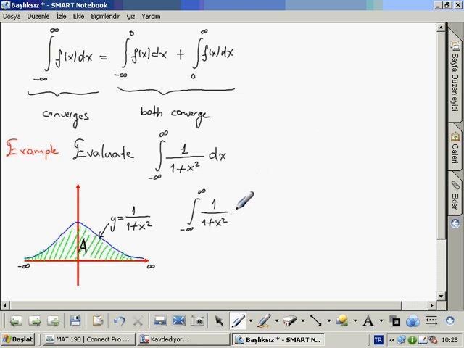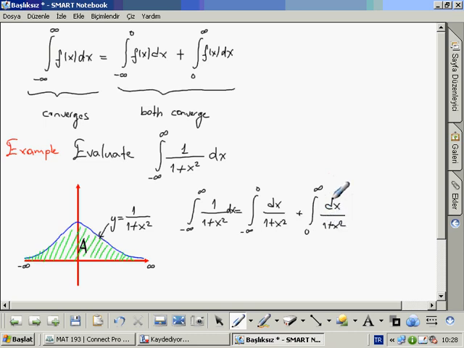It equals the integral from minus infinity to 0 of dx over 1 plus x squared, plus the integral from 0 to plus infinity of dx over 1 plus x squared.